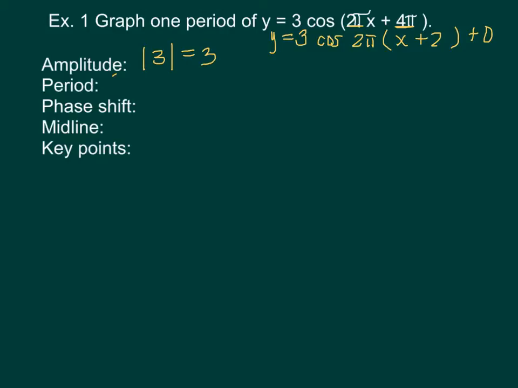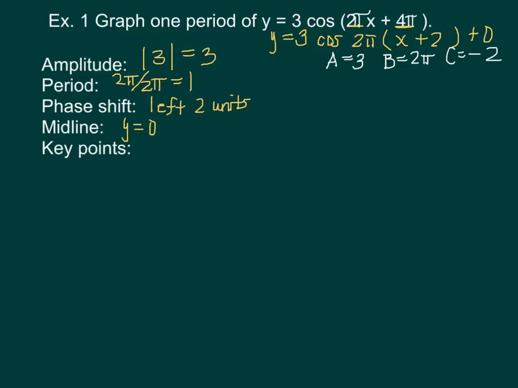My period is 2 pi divided by B, which is 1. My phase shift, we're going left 2 units. My midline is y equals 0. And just to help you know where I'm getting those values, A was 3, B was 2 pi, C is -2, and D is 0.